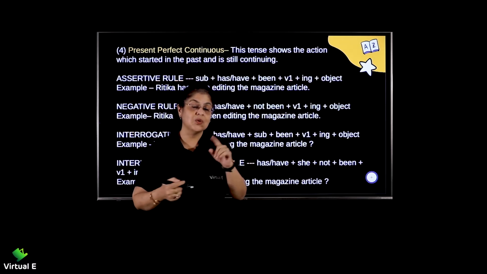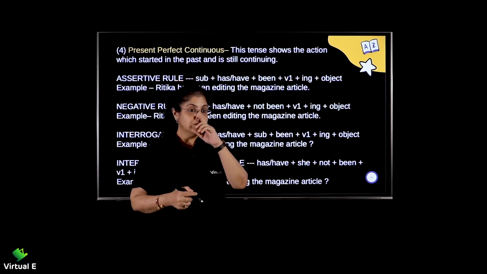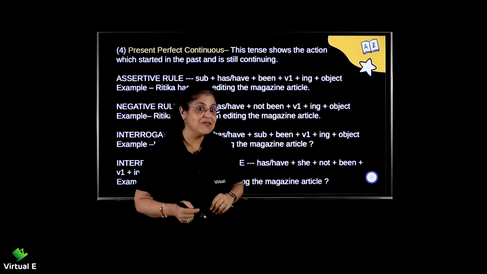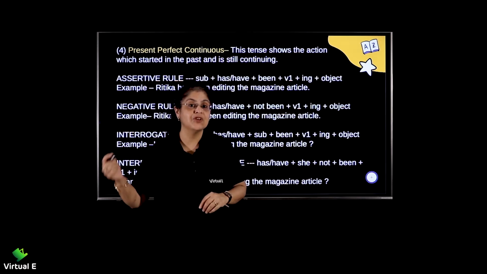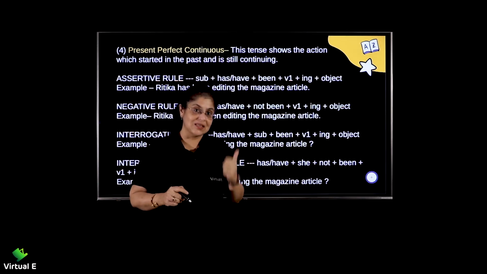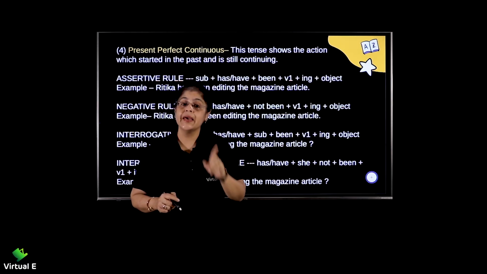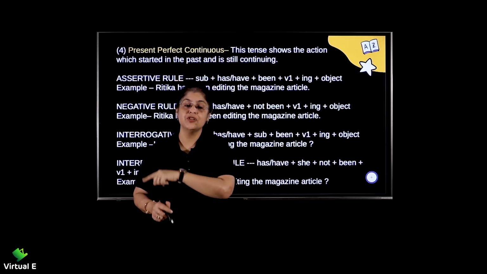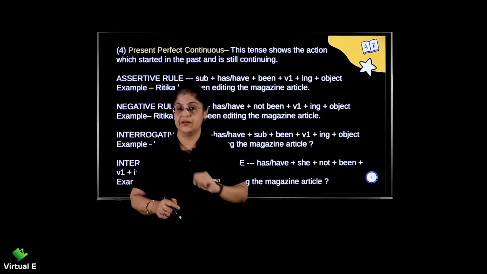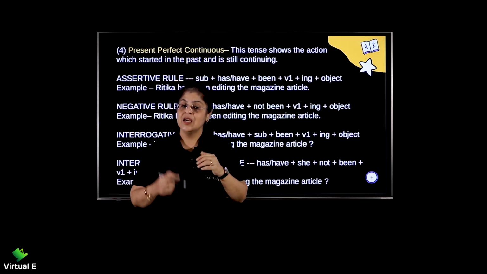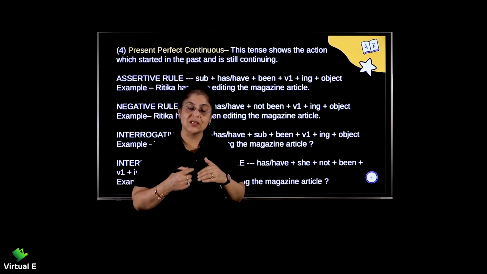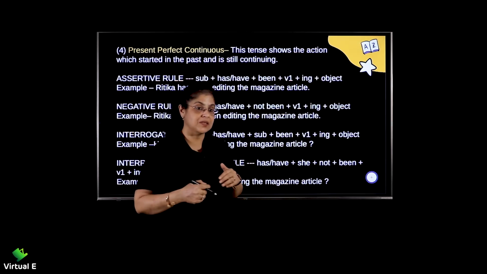And when you come, what do I tell you? I tell you, I have been waiting for you since 6 o'clock. I have been waiting for you for an hour. Did you get it? I started waiting for you at 6 o'clock. 6 o'clock was the starting point, right?